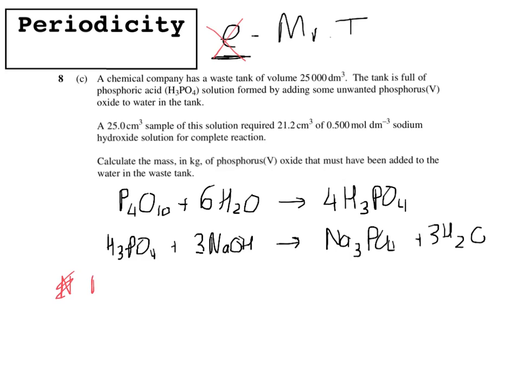So moles of NaOH will equal 21.2 times 0.5 over 1,000, and that equals 0.0106.